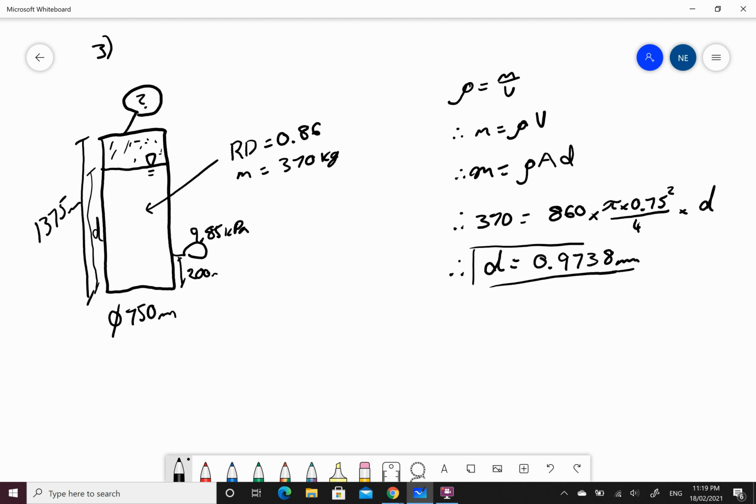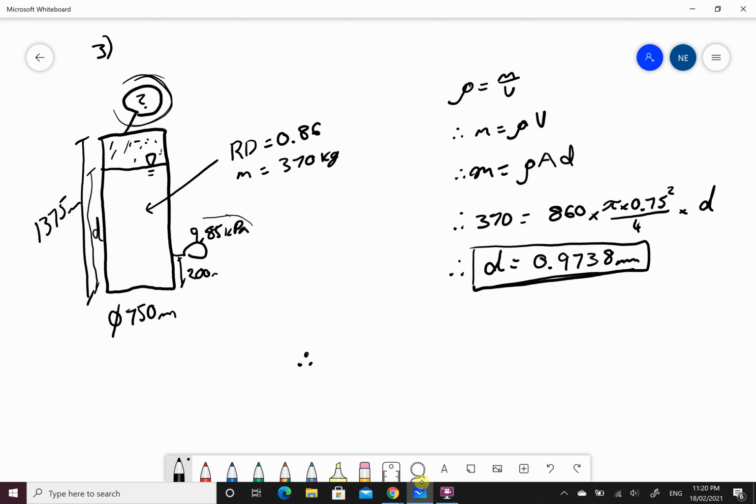Okay, so I've worked out the depth of my crude oil. Now what I need to know is the pressure up here. Remember, it's a closed system. So what I know then really is I can base numbers from here.